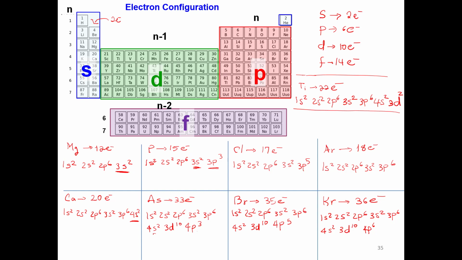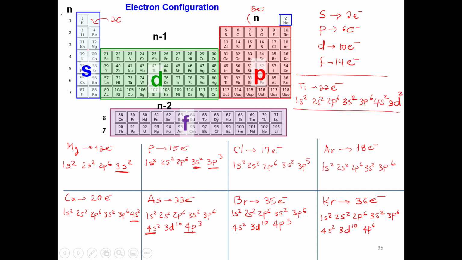Here we also had, the last shell is 4, 2 plus 3 is 5. And they had 5 electrons in the last shell. Yes, all the elements in these columns had 5 electrons in the last shell.